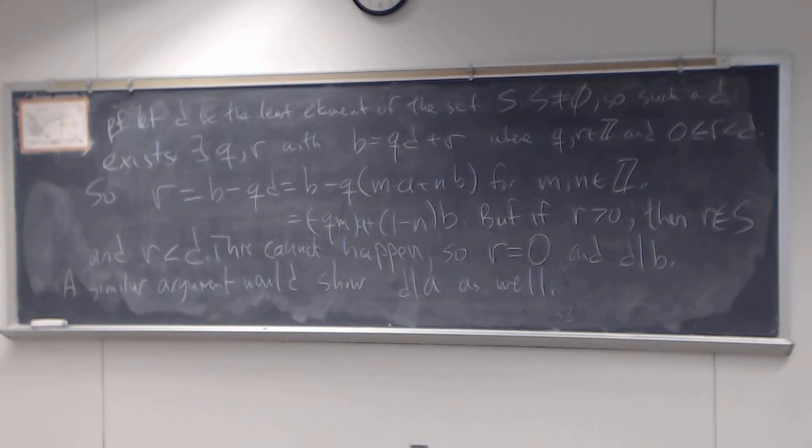Well, what does that mean? That means d is equal to an integer times k. So k divides d as required. And we've completed the division algorithm.